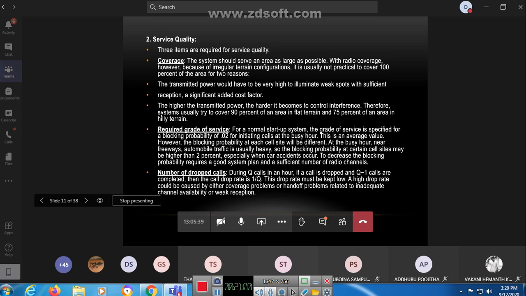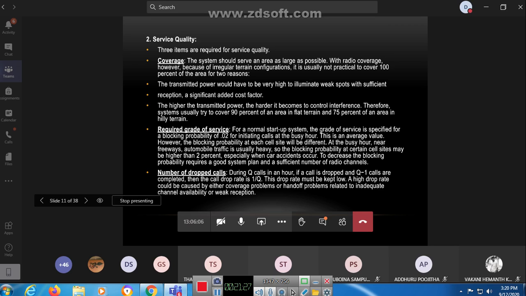After the margin you leave some space and start your answer. You put some heading and write down the answers likewise. So that means you have to maintain some quality, some margins. Here, grade of service means we have to maintain the probability of the system service.